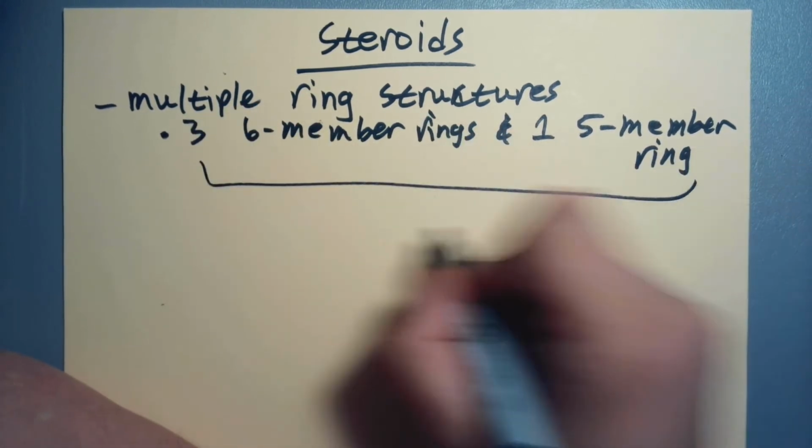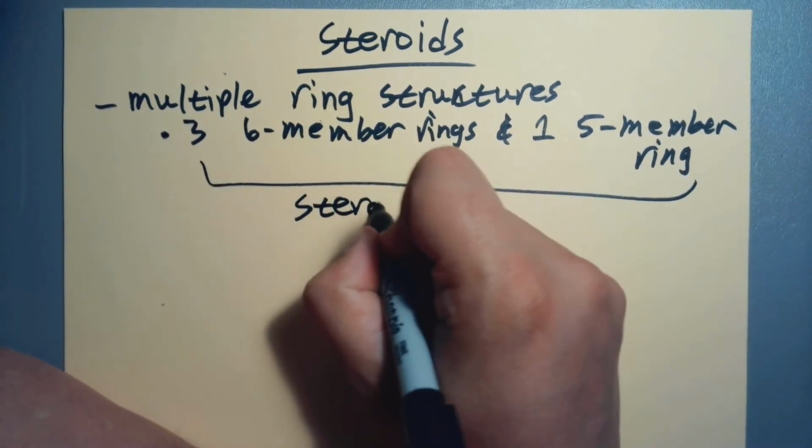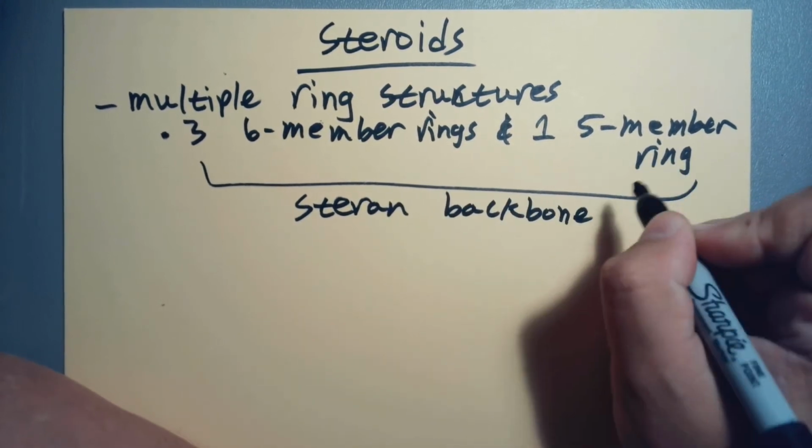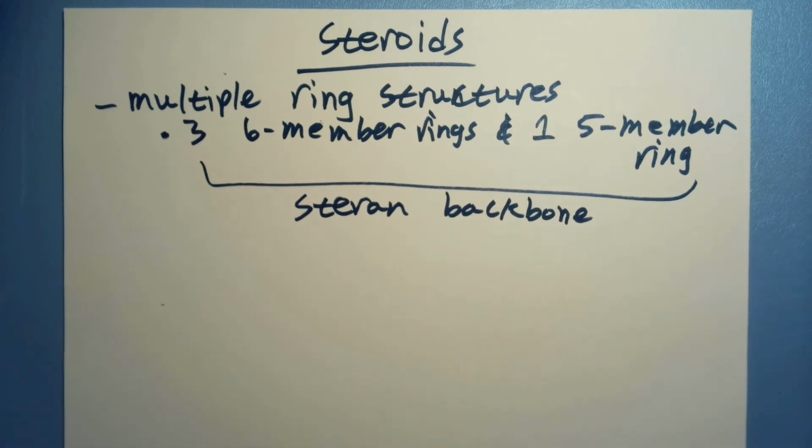You put this all together and you get what's called a sterane backbone. And this is kind of the backbone of all different types of steroids.